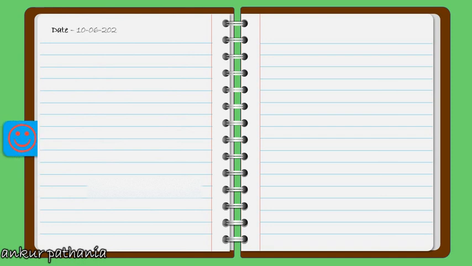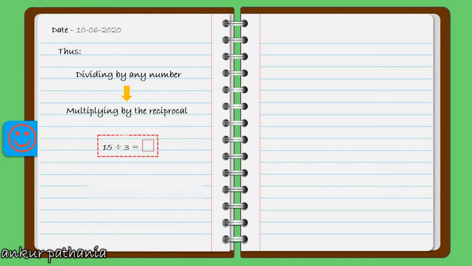So we reached the conclusion that dividing by any number is the same as multiplying by its reciprocal. Here is its mathematical expression, and remember that. I have taken the example of 15 and 3, but you can take any other numbers.